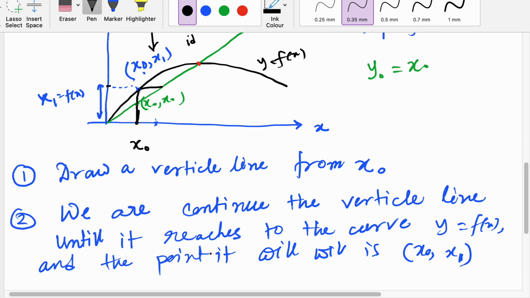We know this distance is x1, since this line is parallel to the x axis. And since this point is on the identical axis, the values of x and y are the same. That's how we get the point x1 comma x1.